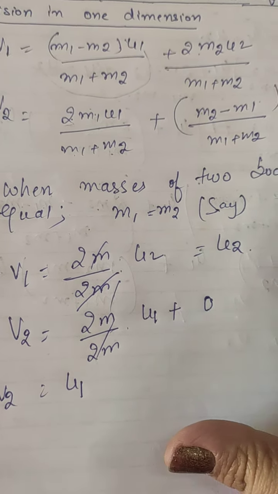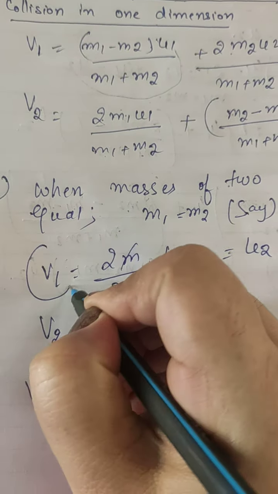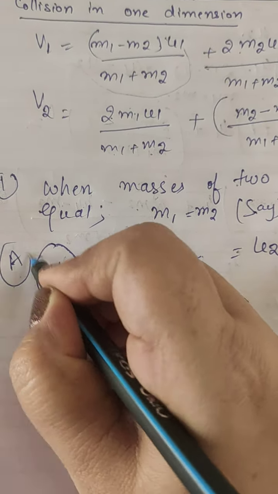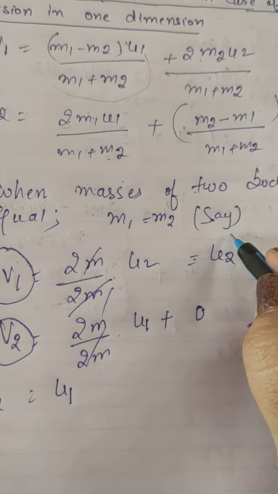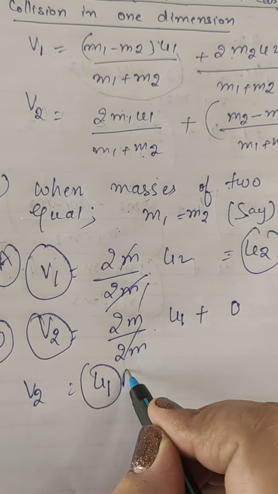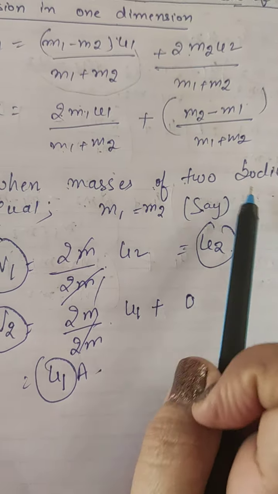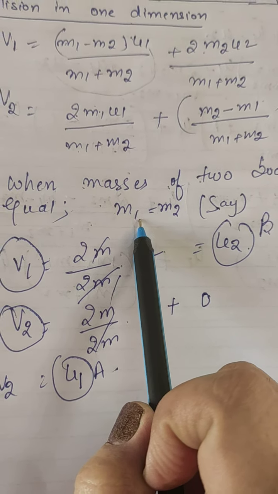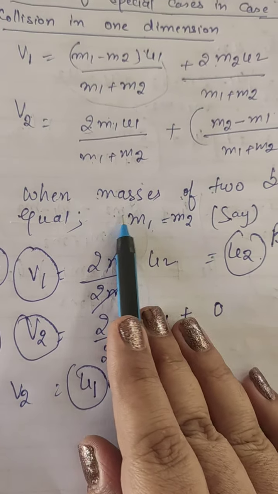So this simply shows that after collision, this is the velocity of body A and this is the velocity of body B, and this is the velocity of body B and this is the velocity of body A. It means when masses of two bodies collide with each other, in case of elastic collision in one dimension, the velocities simply get interchanged.